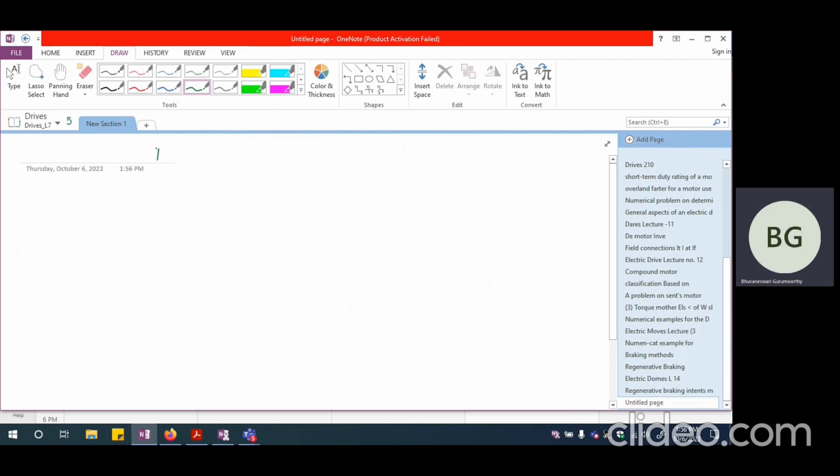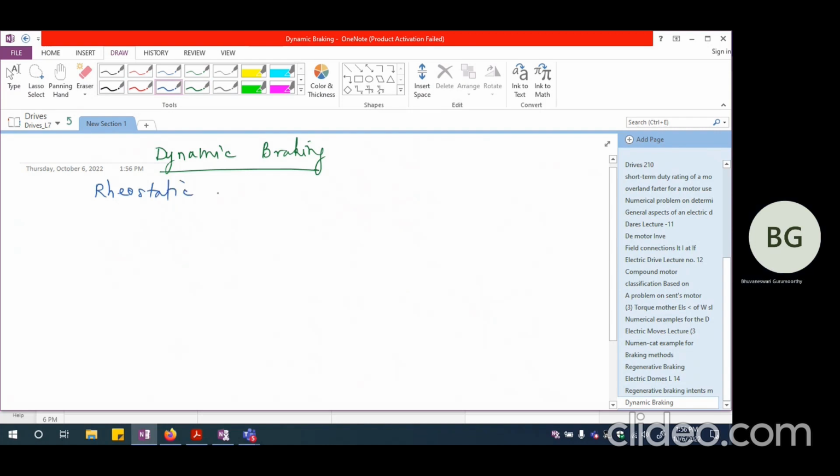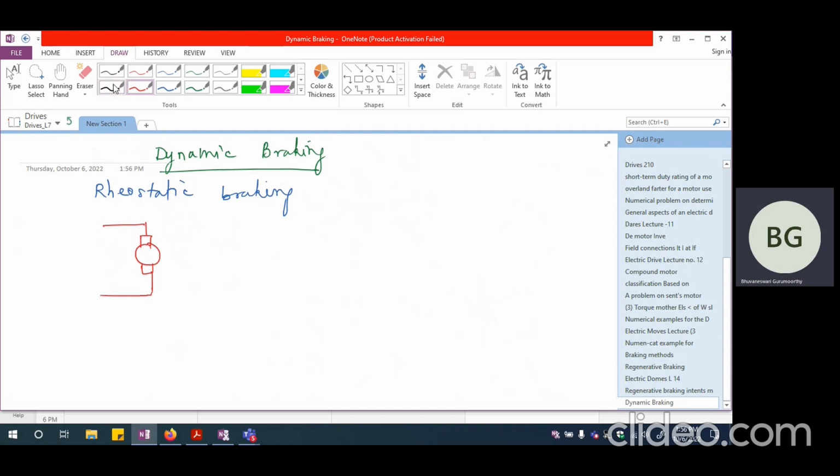Now, the next one that we are going to look at is dynamic braking, which is also sometimes called rheostatic braking. In this particular case, under normal motoring operation, I'm going to have the armature like this, and these are the A1 and A2 terminals.